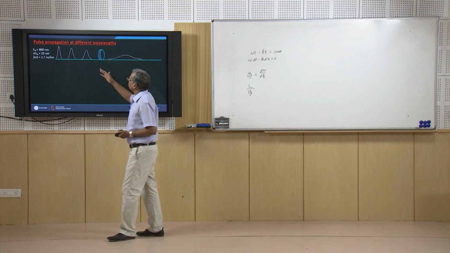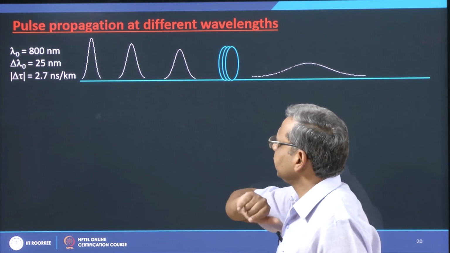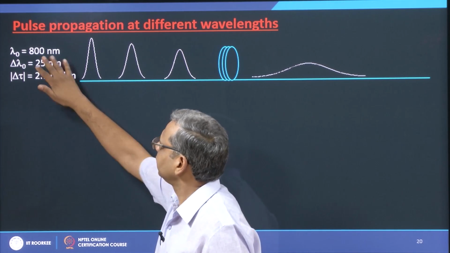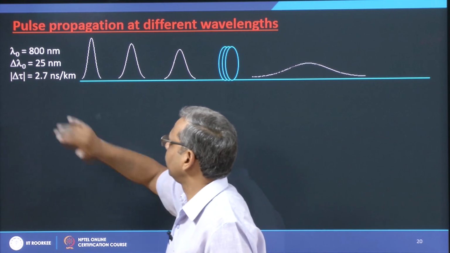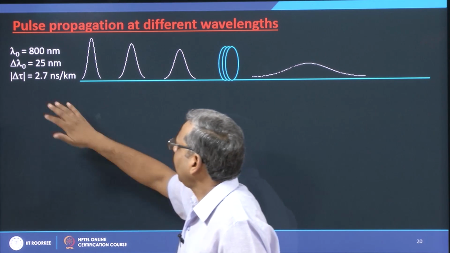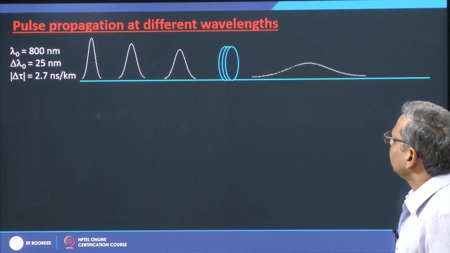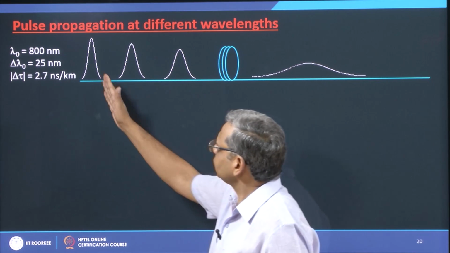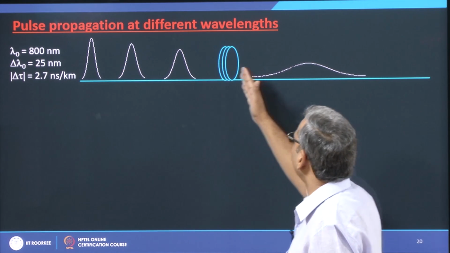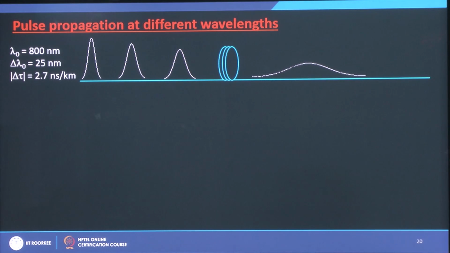Now, let us look at pulse propagation at different wavelengths. This is the LED at 800 nanometer with line width 25 nanometer and broadening of 2.7 nanoseconds per kilometer. So, if I now send this pulse, I see that it broadens very quickly.